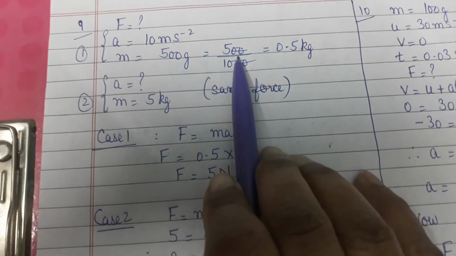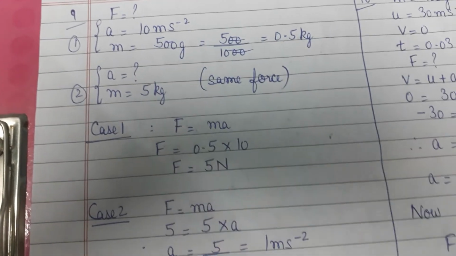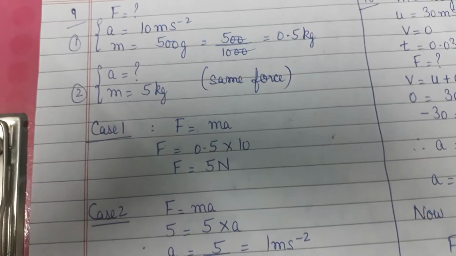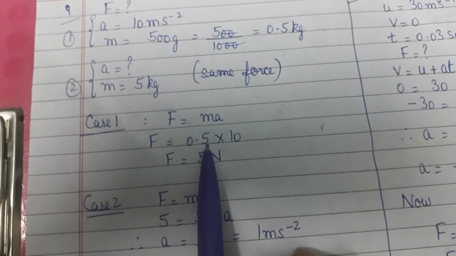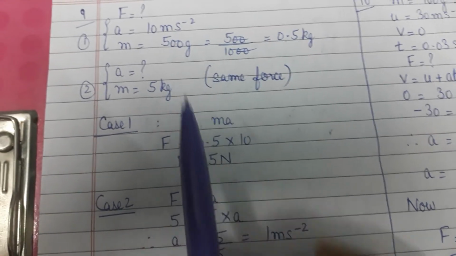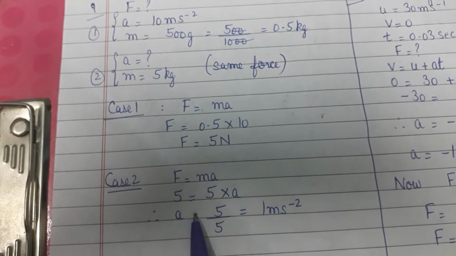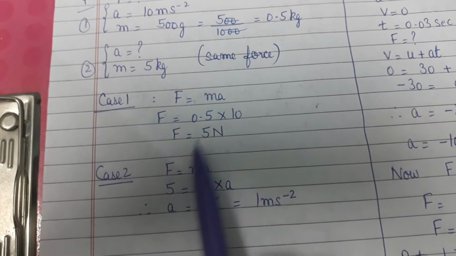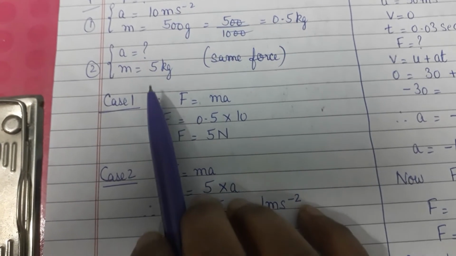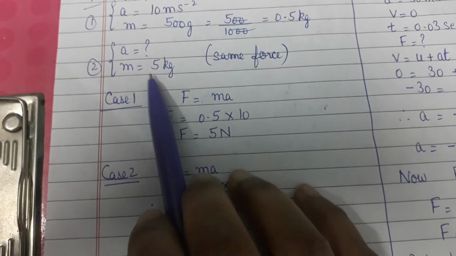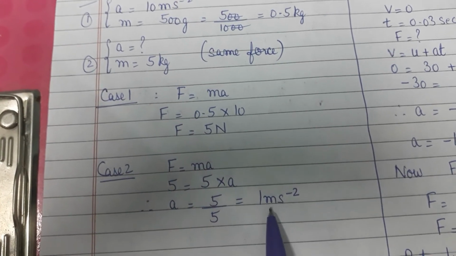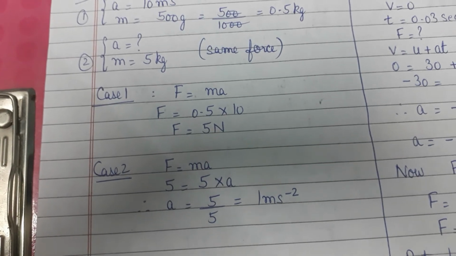The same force is applied in the second case. It has been mentioned in the question. Same force. So this force which I have calculated, I will pick it up and use it in the second part. And from there, the same force is taken, 5. The mass is taken. You need to find out the acceleration. And that is 1 meter per second square.